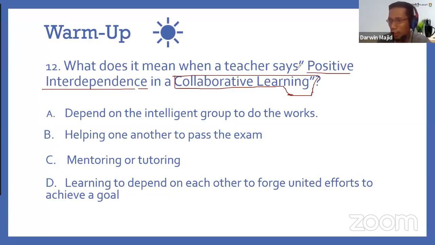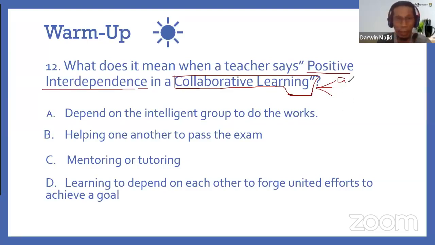Okay, so we're talking about on the side of the teacher. So let us look. Collaborative learning. When we say collaborative learning, napaka-wide ng collaborative learning. When we talk about learning, learning can be taken as an activity or a task or a work.